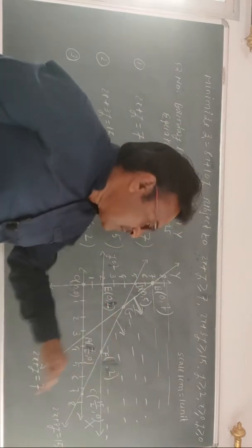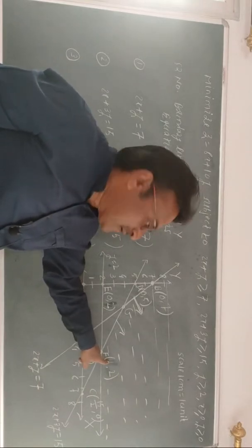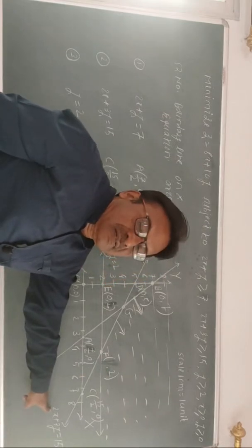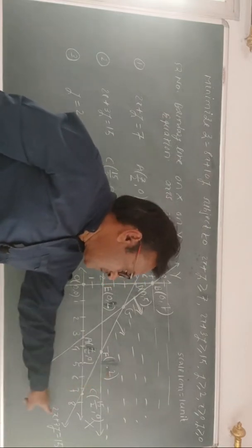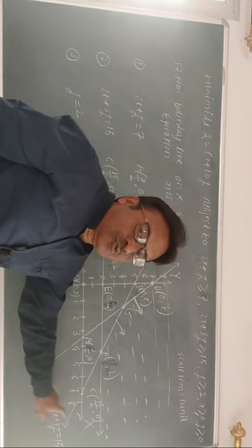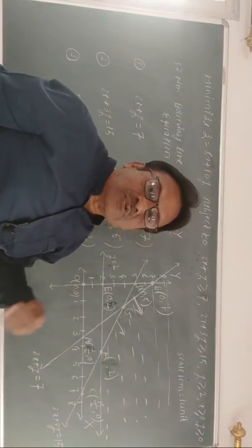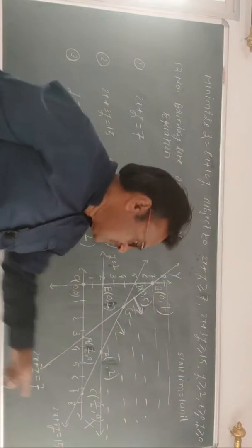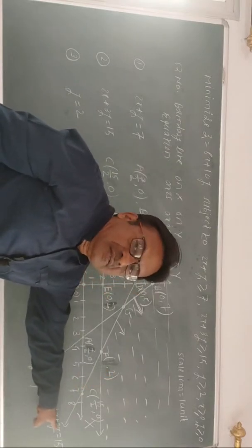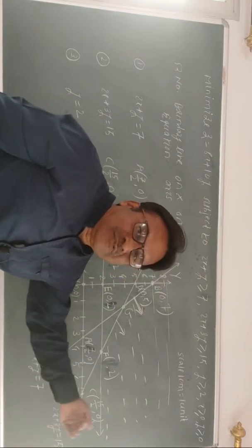Next we find the x coordinate. For finding the x coordinate, we put y equals 2 in this equation. So we put 3 into 2, 6. So 2x equals 15 minus 6, because we put 3 into 2, 6. Then 15 minus 6 is 9. 2x equals 9.